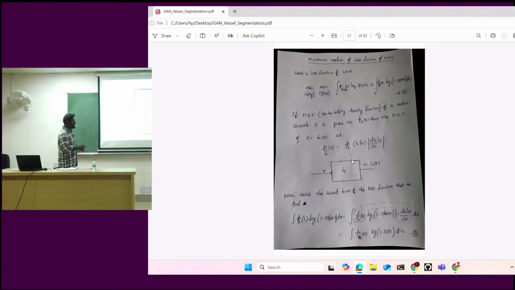We have used this theorem to manipulate the objective function, and we have rewritten the objective function so that we can proceed further. A lot of understanding is needed there.